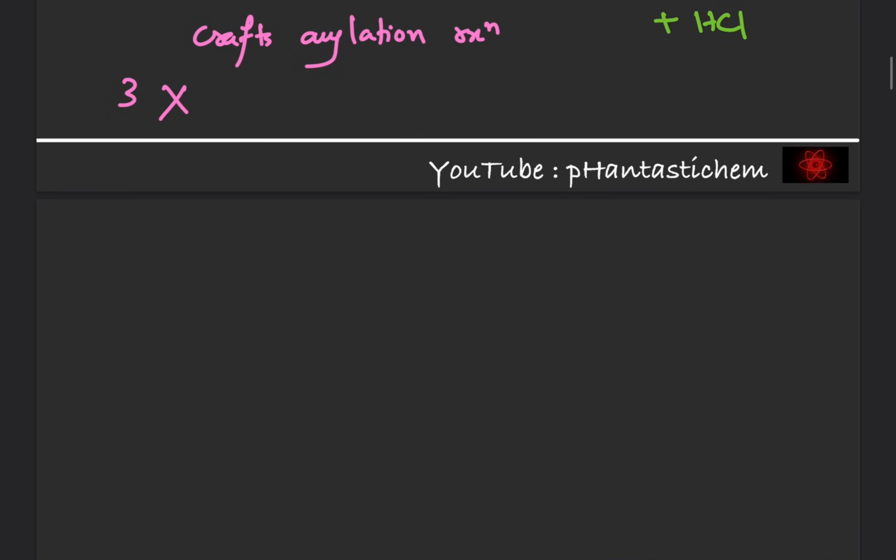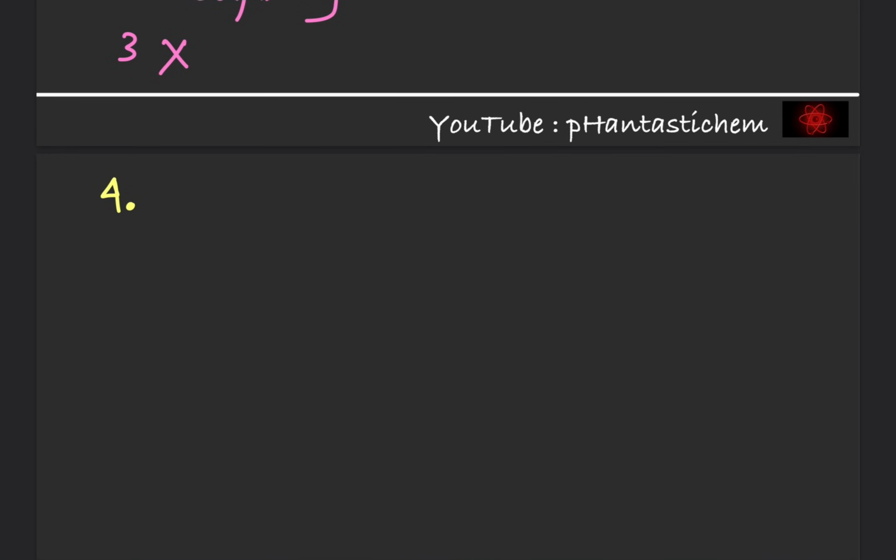Now coming to option 4. On treatment with bromine water, compound P gives a white precipitate. Okay, so due to presence of a hydrogen atom on the carbonyl group, which can be converted into an OH group without breaking any other bond. That is, in aldehydes, we have an H atom attached to the carbonyl group.